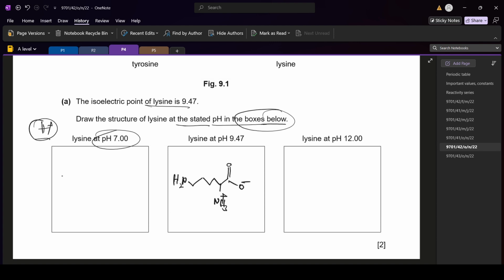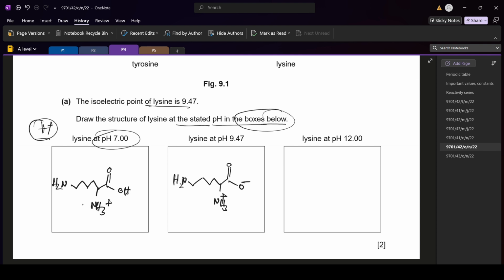So at pH of 7, you will have, okay, so let's draw it. NH2, then you have this carboxylic acid, so it will be a carboxylic acid over here.